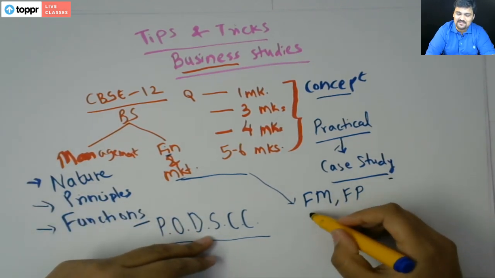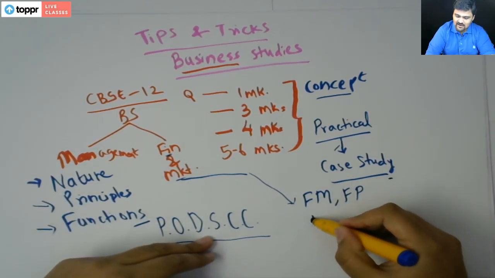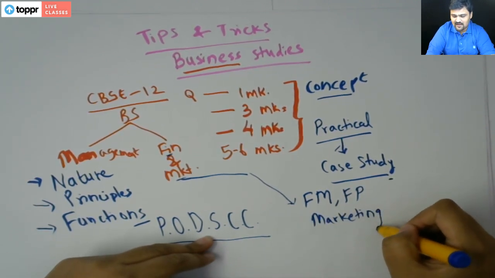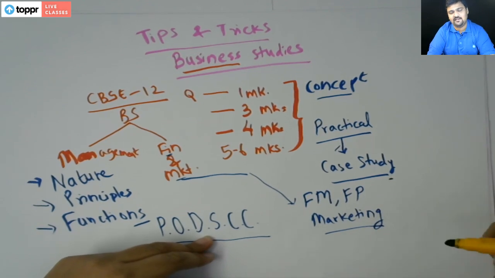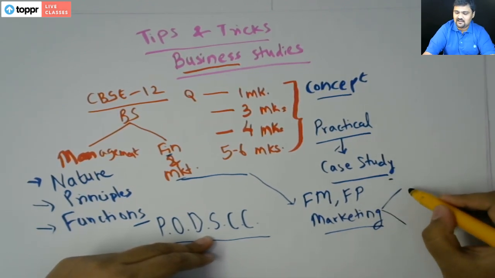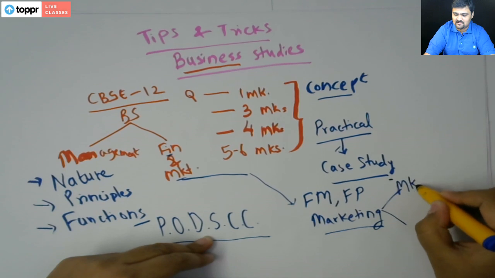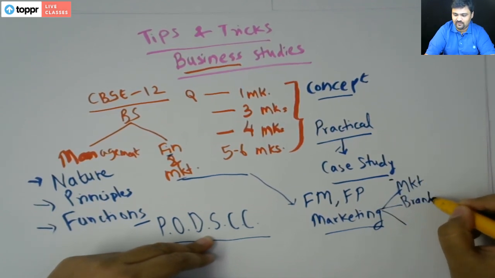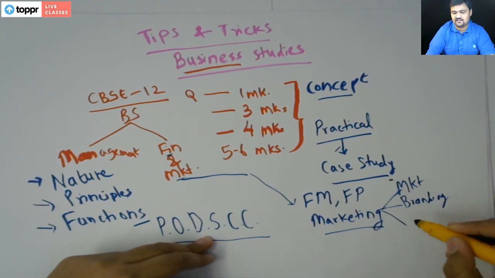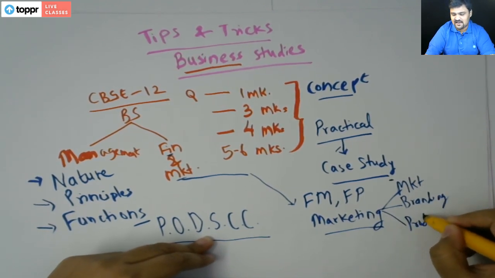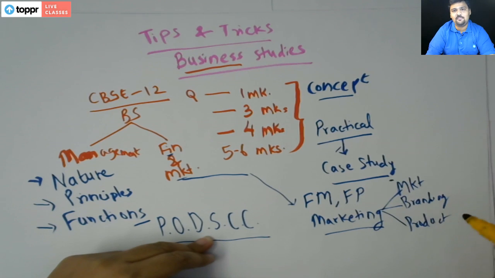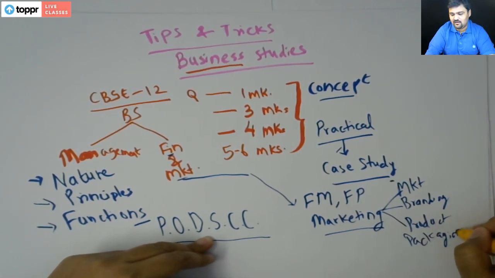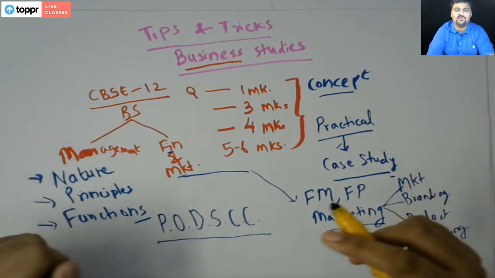Along with that, it is marketing. In marketing, my dear friends, you know that marketing has several components under it, starting from just markets to branding, and later on your product side, and packaging. So these are different components of your curriculum that you are going to focus on.